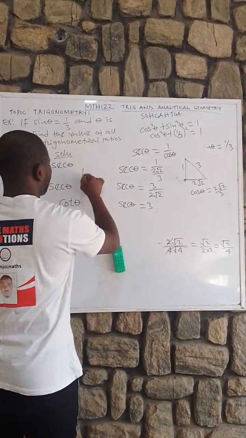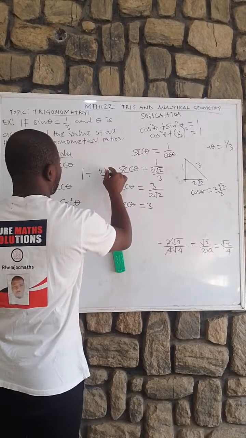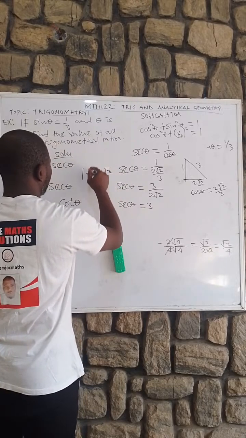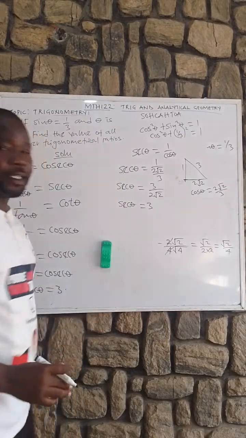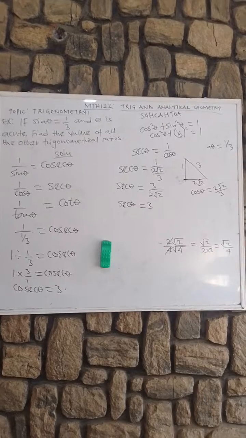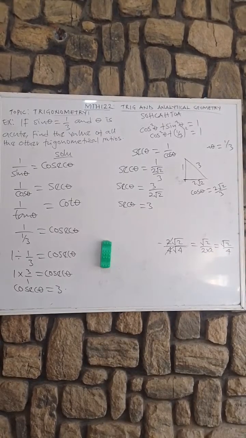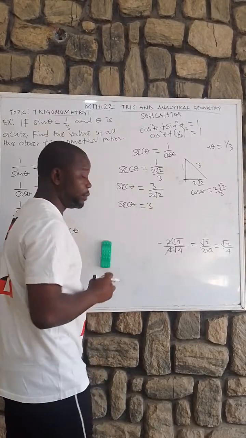Because here we're going to give you 2 root 2 all over 3. Then by the time you turn this one, this one will come out. Okay. Hope I'm right. Am I right? Yeah.